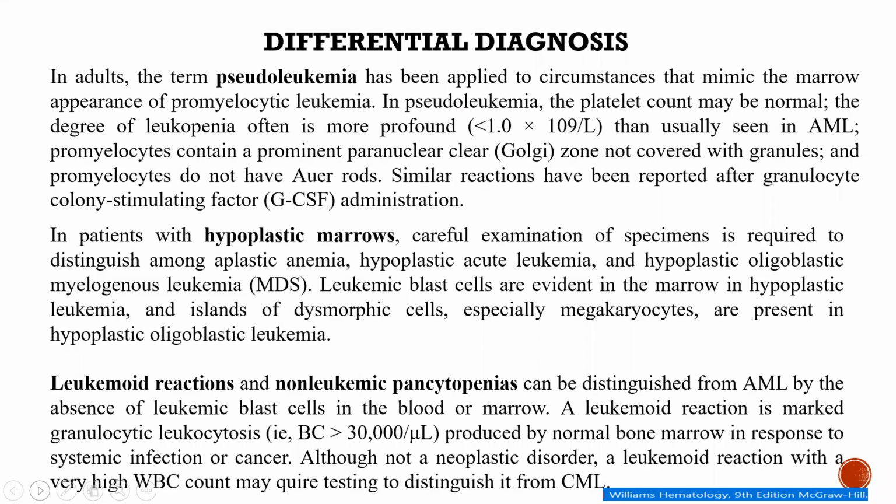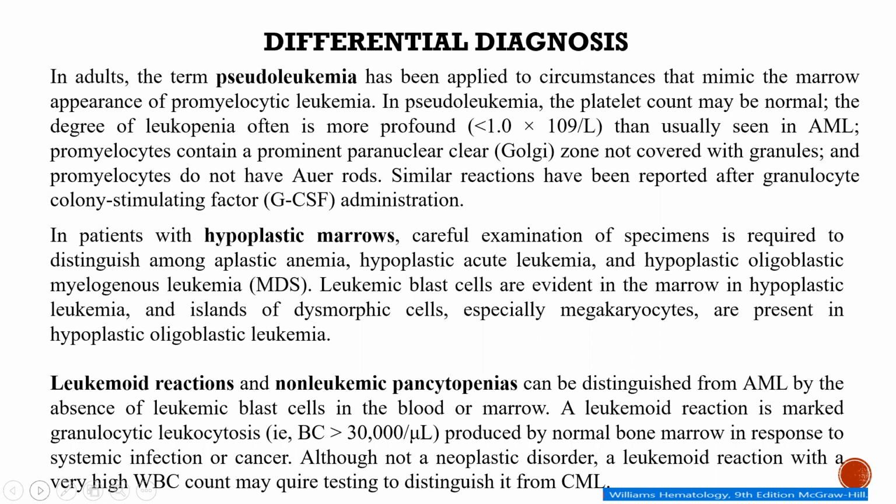Differential diagnosis should be made with several disorders that have very common signs and symptoms with acute myelogenous leukemia in adults. The term pseudoleukemia has been applied to circumstances that mimic the marrow appearance of promyelocytic leukemia. In pseudoleukemia, the platelet count may be normal.